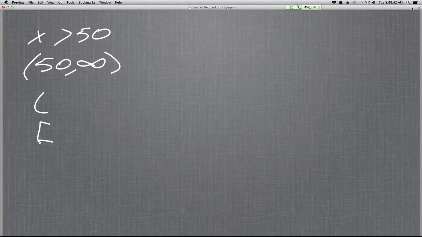Then decide if it wants a parenthesis or bracket. Now, why is there a parenthesis on infinity? It's not a real number. I can't really put a bracket on something that's not really a number. All right, let's look at another.